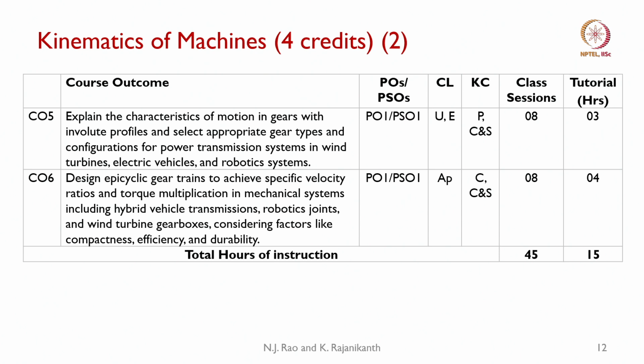Here also it is restricted to PO1 and PSO1, but here we say explain, that is the action verb that belongs to understand, and then we are also saying select appropriate ones. Selection belongs to evaluate.